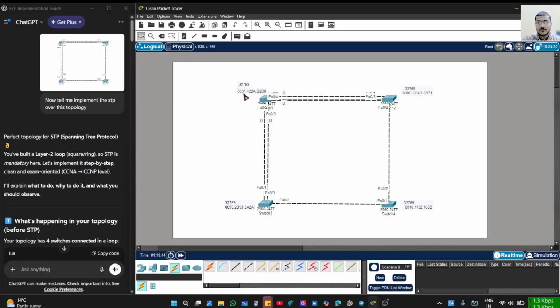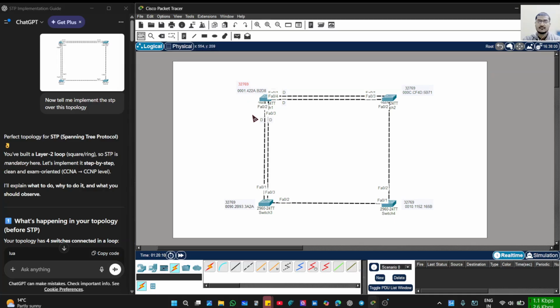The common thing is the priority, and after that we go to the MAC address comparison. If the priorities are the same on each switch, then we compare the MAC addresses.